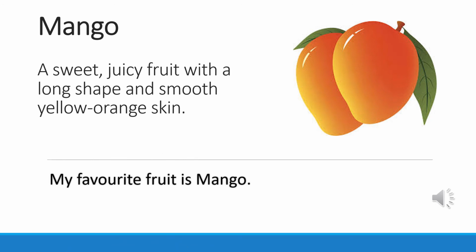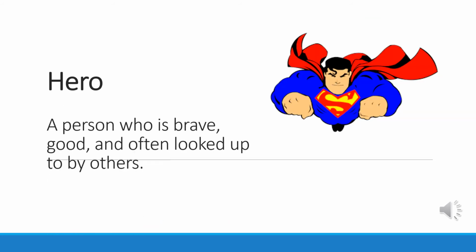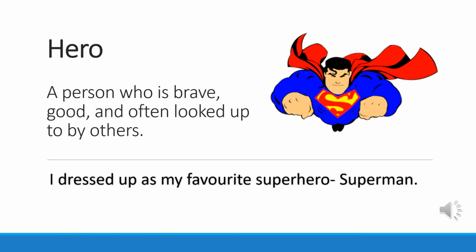Mango. A sweet, juicy fruit with a long shape and smooth yellow to orange skin. A sentence would be, my favorite fruit is mango. Hero. A person who is brave, good, and often looked up to by others.